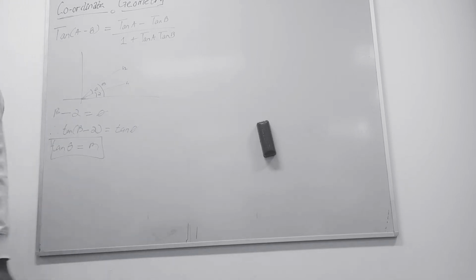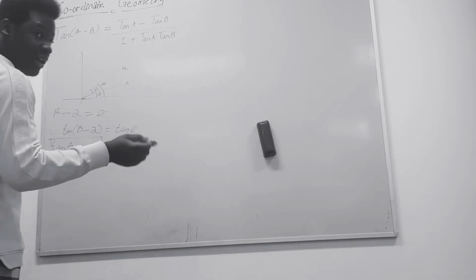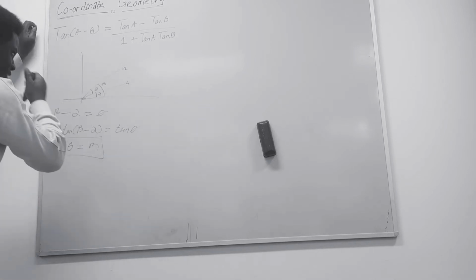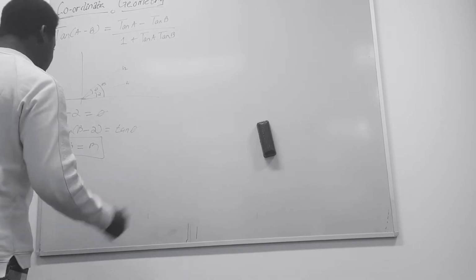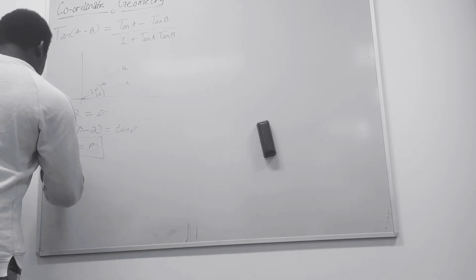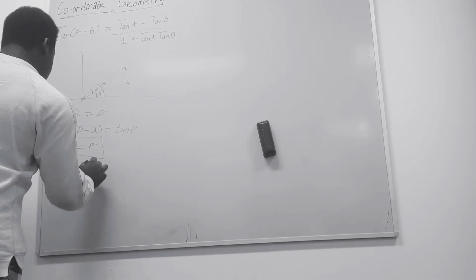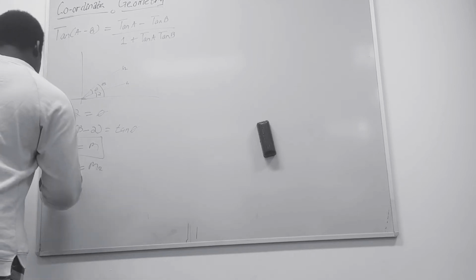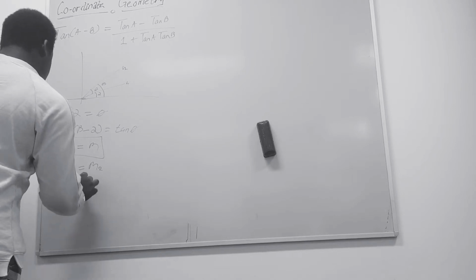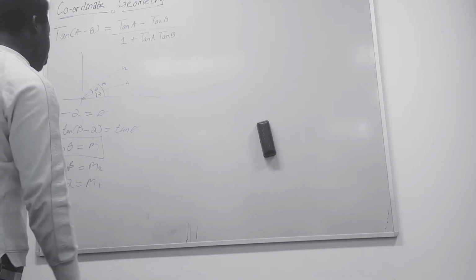And I showed how theta can be an angle, and tan theta can be the slope of L2 if L1 was one of the axes. So tan of beta is equal to the slope of L2, and tan of alpha is equal to the slope of L1.